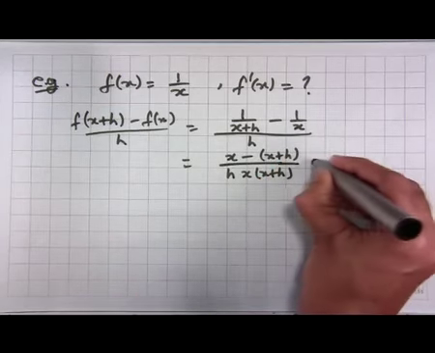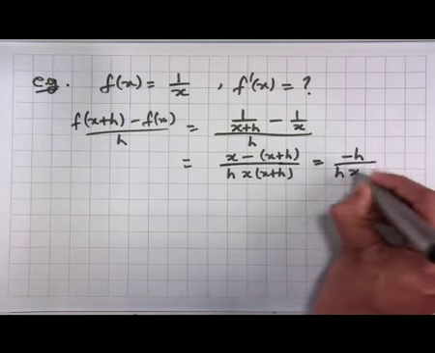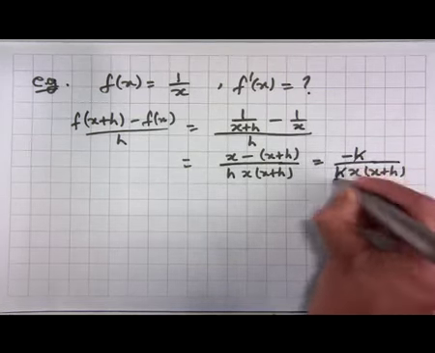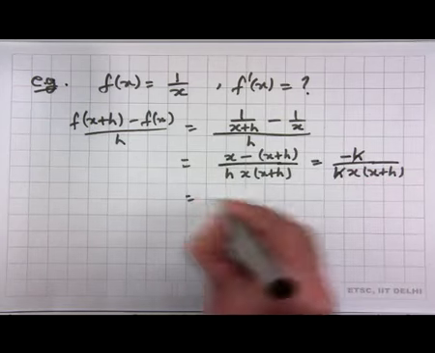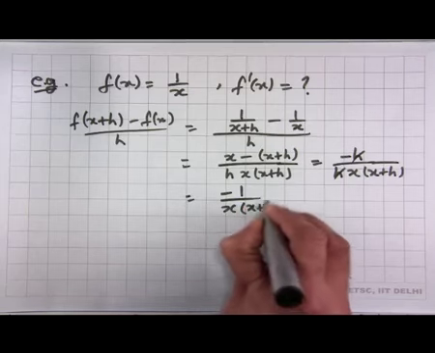So, here x cancels and we get minus h by h times x plus h, and then you can cancel this h, and this is equal to minus 1 by x times x plus h.